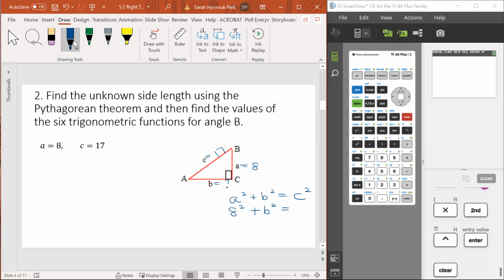C is 17 squared. 8 squared is 64. B squared, and 17 squared in the calculator gives 289. Subtract 64 on both sides.